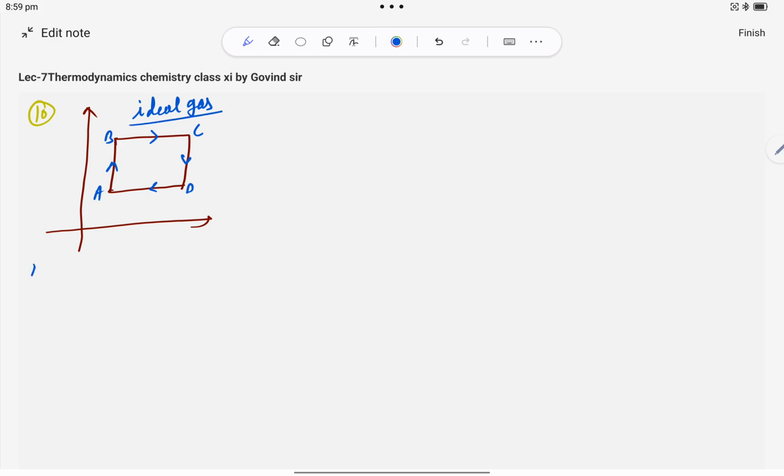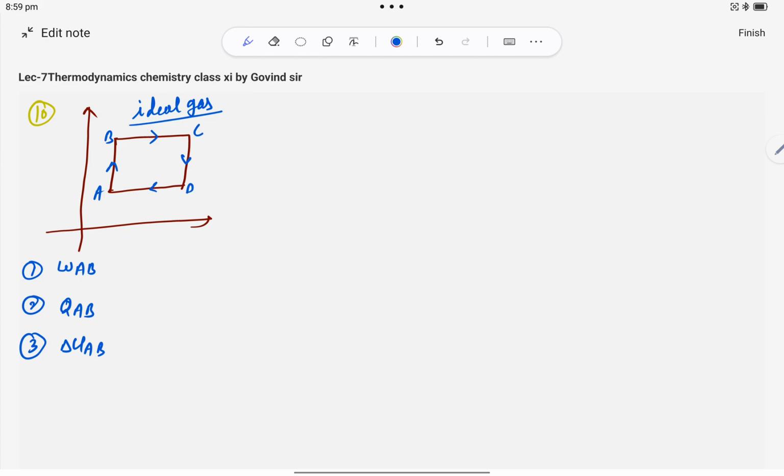So first question they are asking, WAB is equal to what? QAB and delta UAB. So they can ask this question in a different way. You have to check it. Okay.